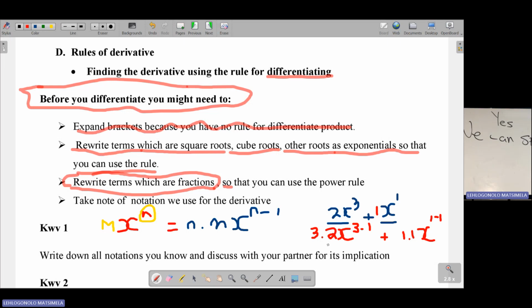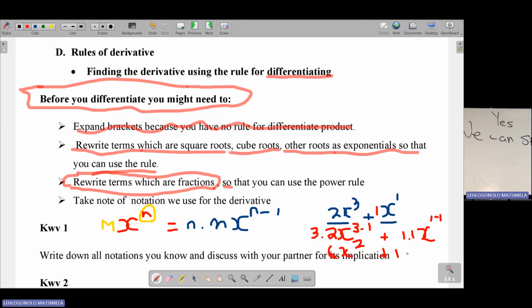Then simply, the next step, we're going to say 3 times 2, which is 6. Then we will have 6x to the power of 3 minus 1, which is 2, plus 1 multiplied by 1 is 1. And then on that one, we'll say x to the power of 1 minus 1, which is 0.